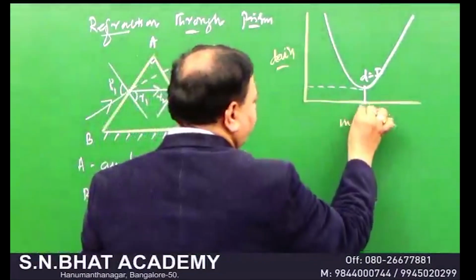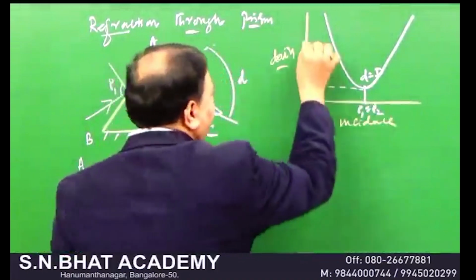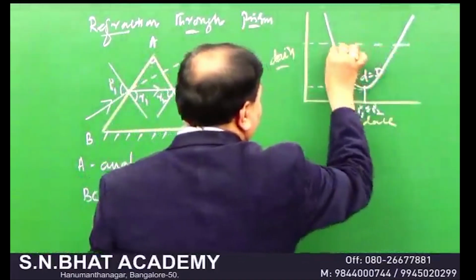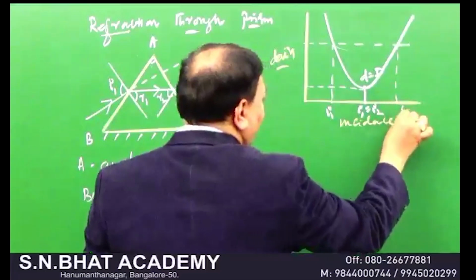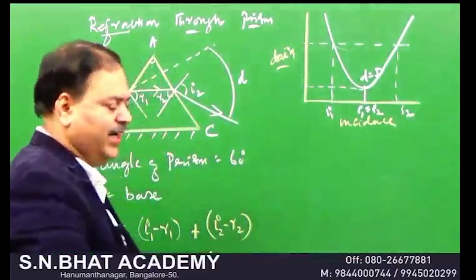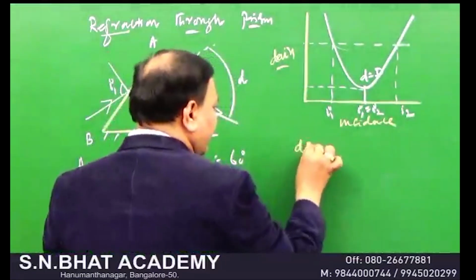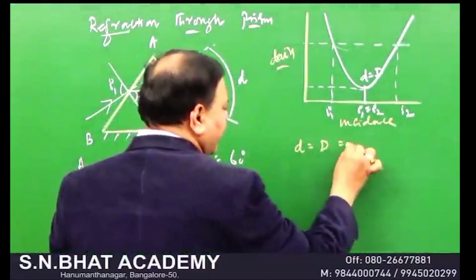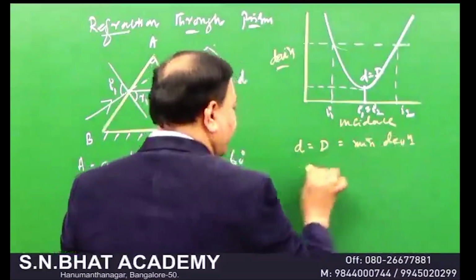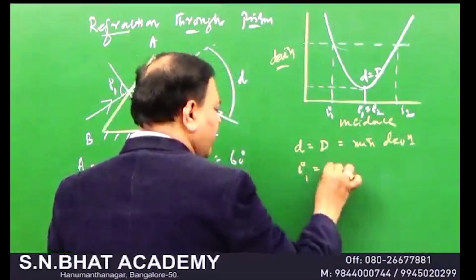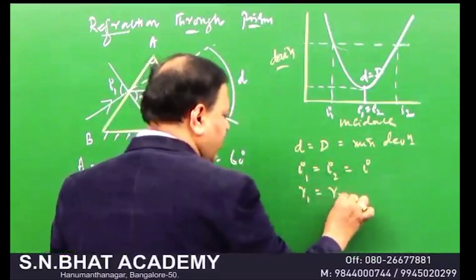This least deviation we call the angle of minimum deviation. And therefore I1 is equal to I2 at that particular incidence. In other cases, I1 is different and I2 is different. Only under the minimum deviation condition, very important, the small d we write as capital D, called the angle of minimum deviation, and I1 is equal to I2, both are one and the same, and R1 is equal to R2.